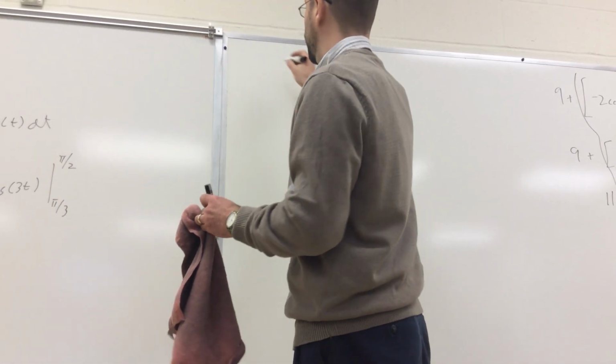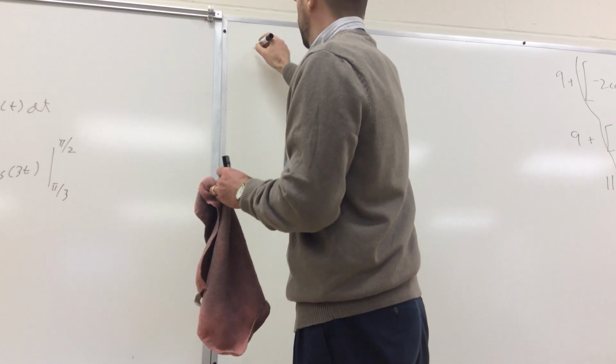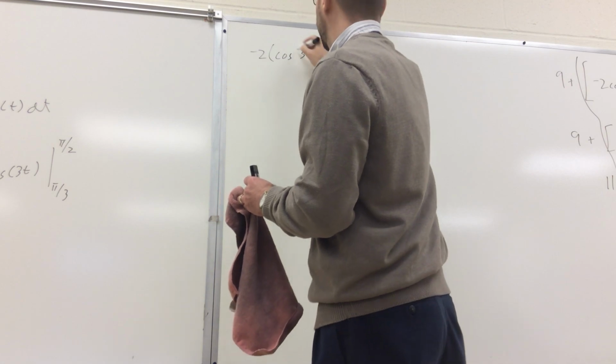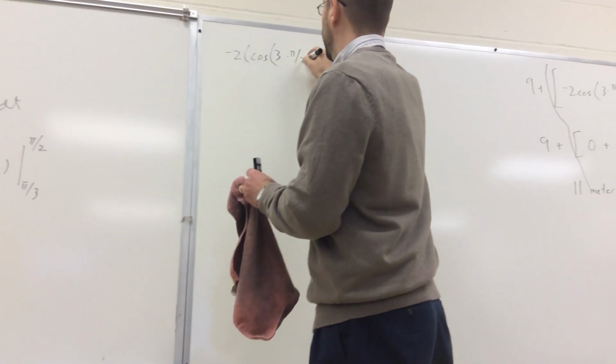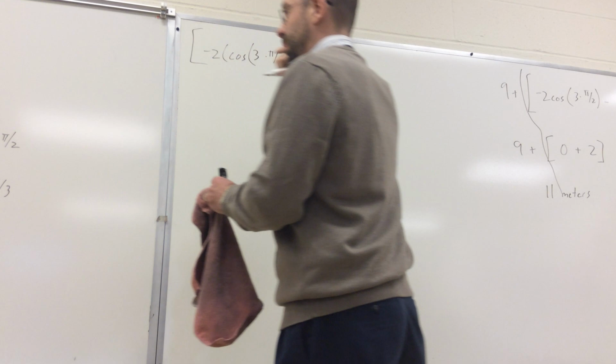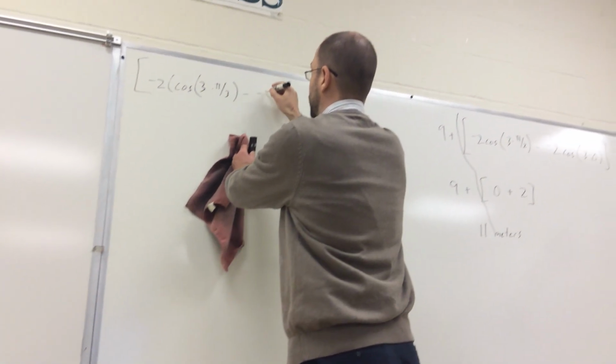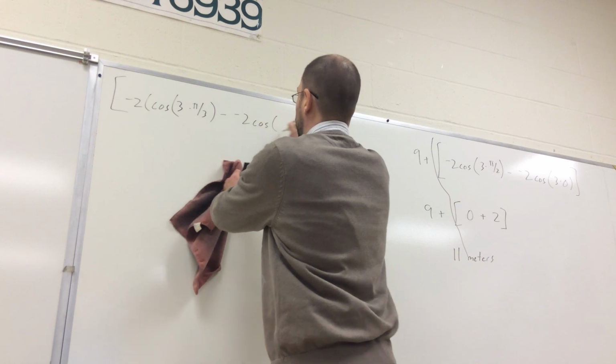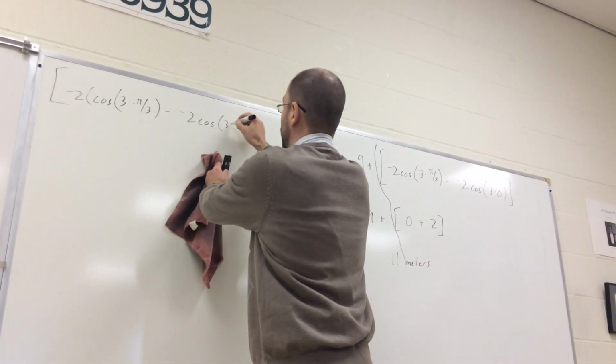Okay, so this is -2 times the cosine of 3 times pi over 3 minus -2 times the cosine of 3 times 0.